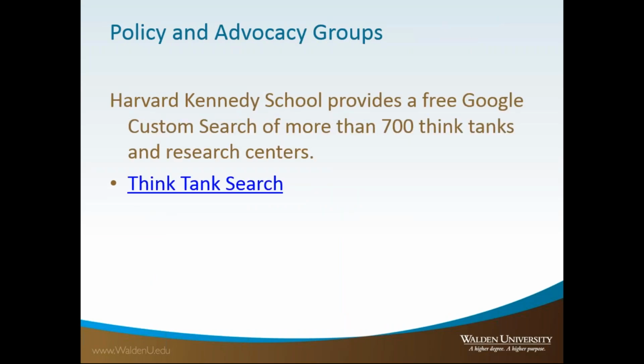Before I hand it back to Amanda to talk about policy and advocacy groups, I just wanted to mention a couple other databases. I mentioned these at the beginning, but Sage Stats, specifically for statistics, is going to be really helpful, as well as ICPSR for secondary data. Both are databases that we have access to.